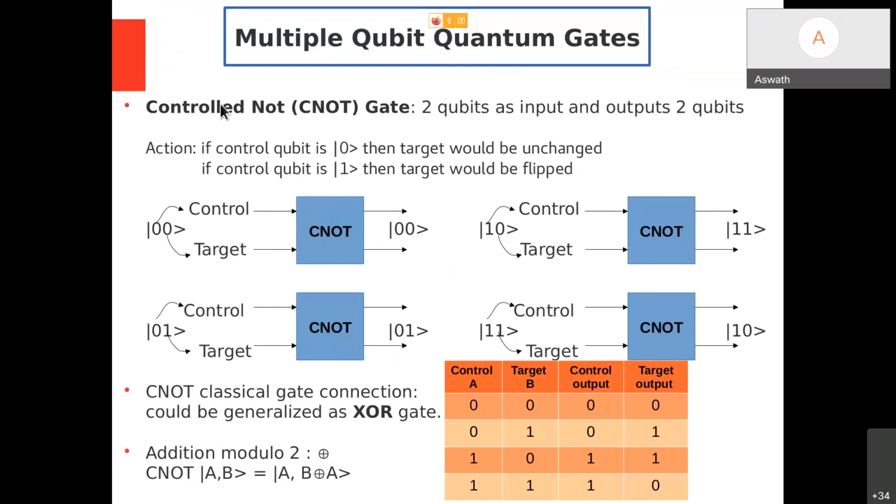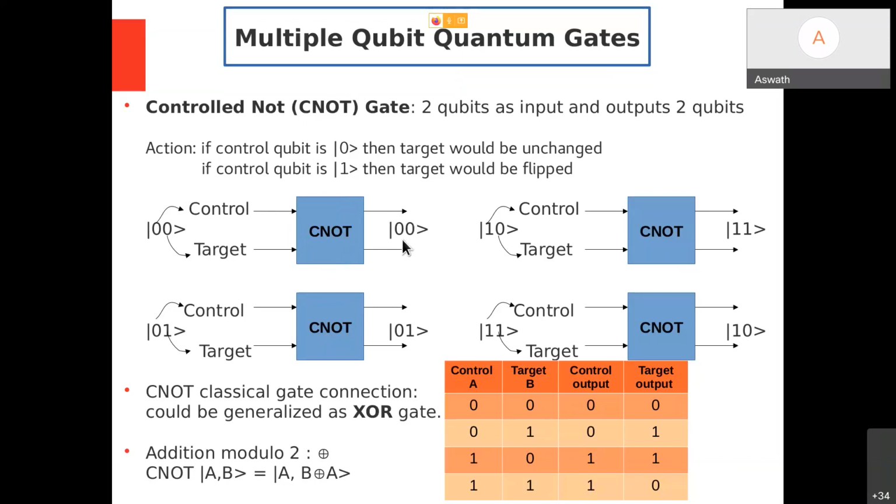The first is the controlled NOT gate. What I mean is there will be a NOT gate which is controlled, meaning it may or may not have an effect depending on some kind of control. Suppose I have two bits, two atoms, both in the ground state. If I send the quantum state of the two atoms through a quantum gate, I'll get the same quantum state.